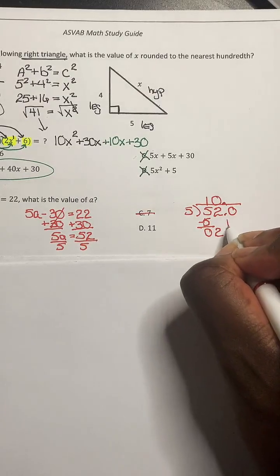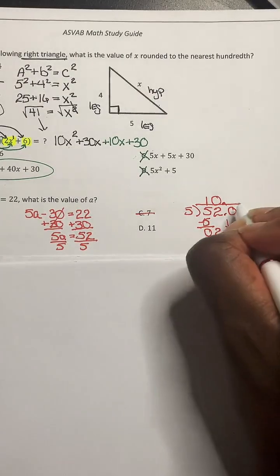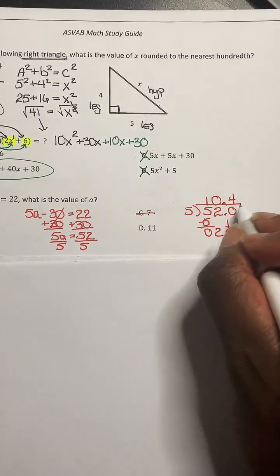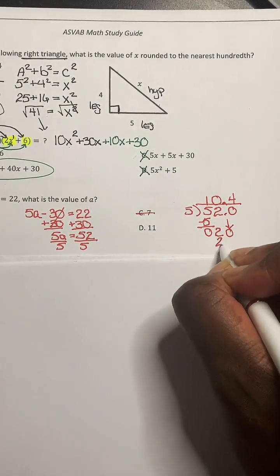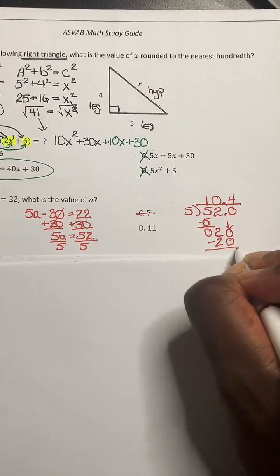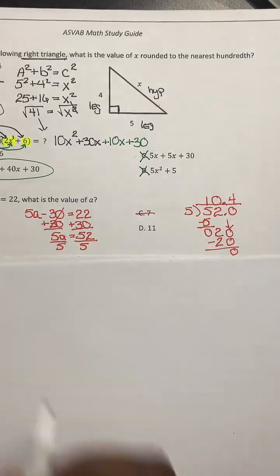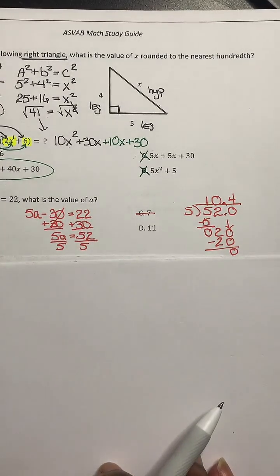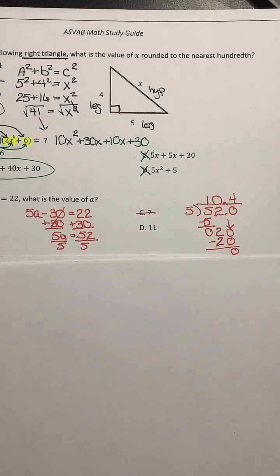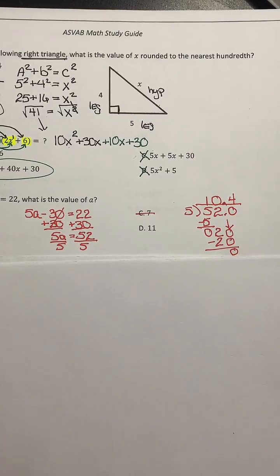So now instead of a 2, it's a 20. And you go, how many 5s can go into 20? That's 4 of them. And then you get your 10.4, which, once I show it over, will be your B. Don't change your answers.